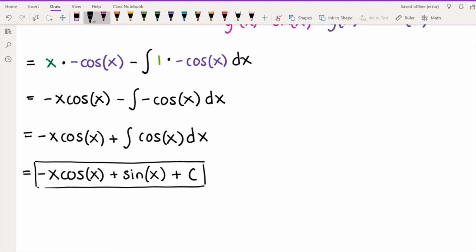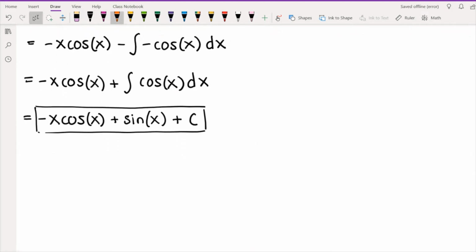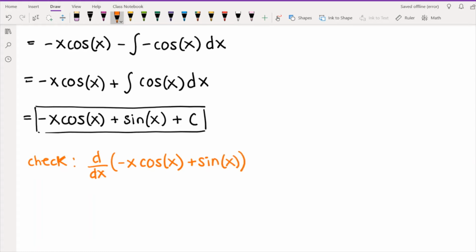So let's actually check that this worked. How would you check that this works? You would take the derivative of your answer, right, and verify that you got your original integrand. So we're trying to take the derivative of negative x times cosine of x plus sine of x. We have to use the product rule for the first part.